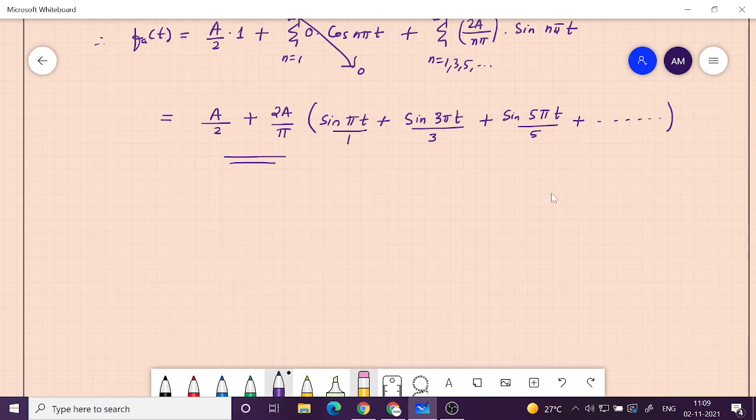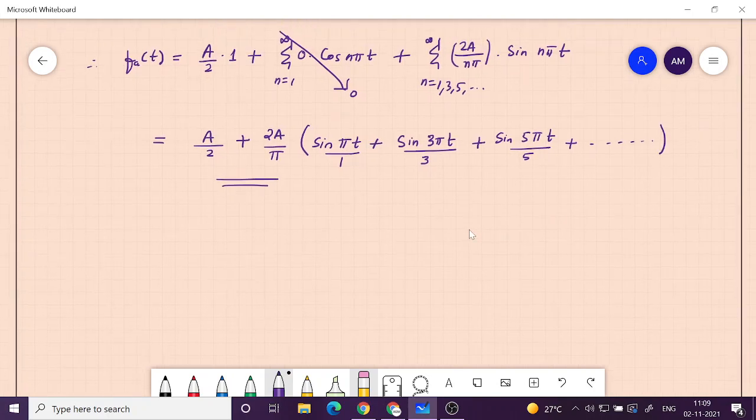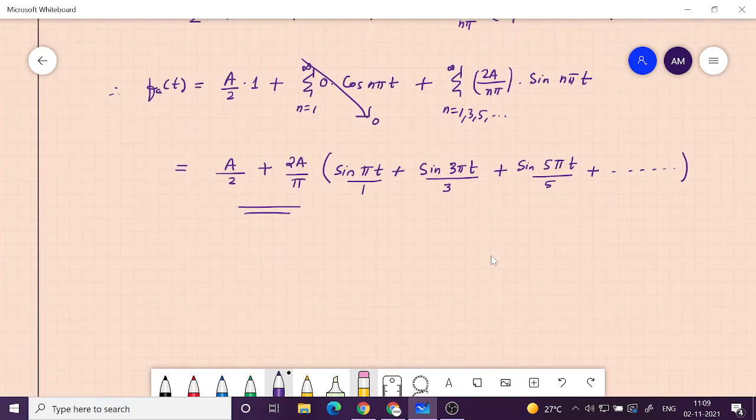Maybe in the next class I will show you some Python programs which I have written, where these functions are added up, and how it looks when you add only the first few terms, and what happens when you increase the number of terms. But that's basically the best approximation. So now let's look at part 2.